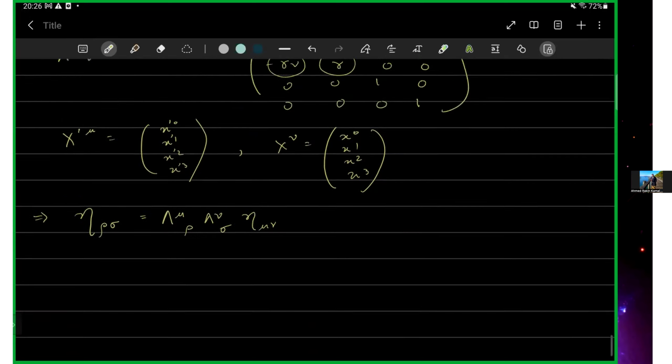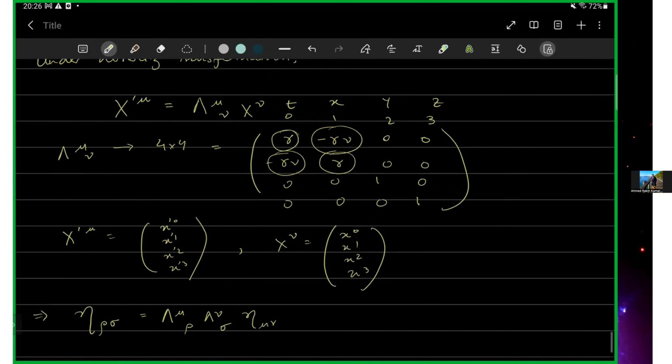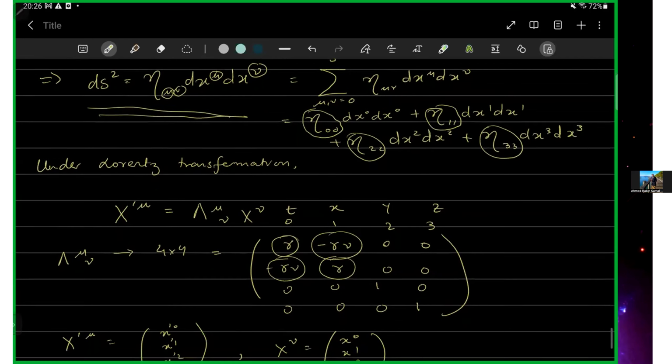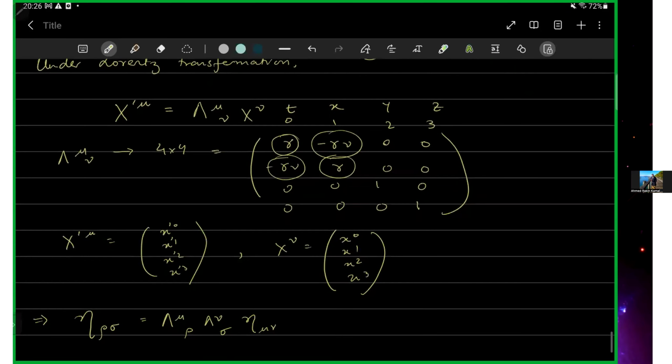Just plug it in: if you are confused how this happens, plug in the transformed eta mu nu over here with the transformed dx mu, and you will see that ds squared is invariant under this Lorentz transformation.